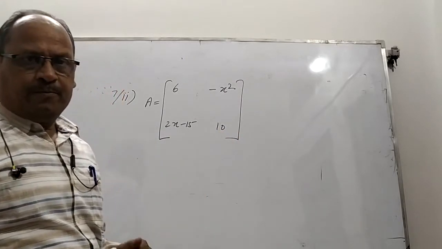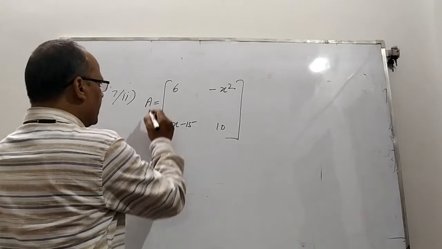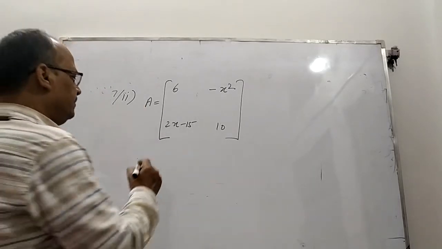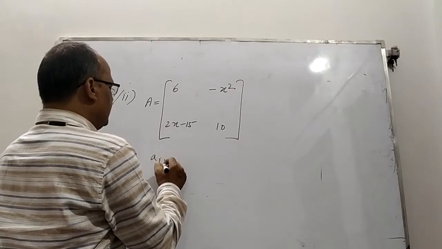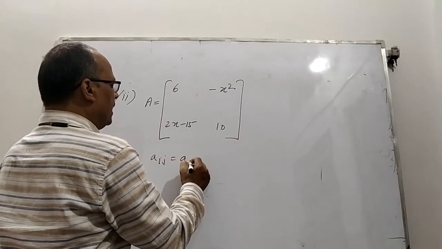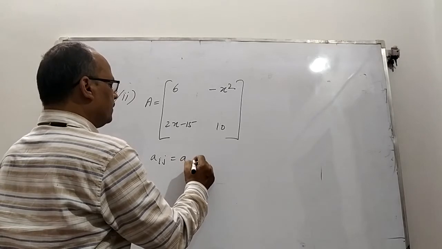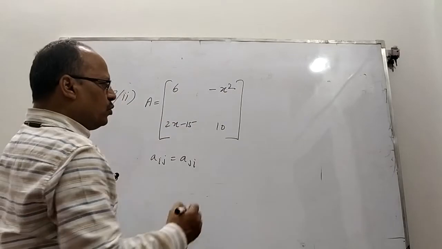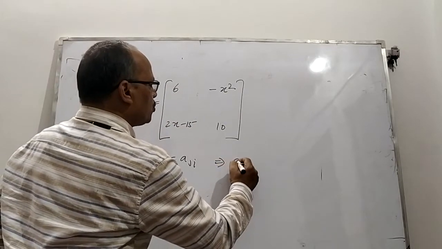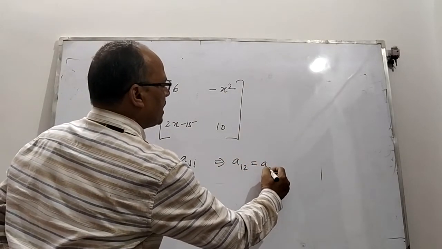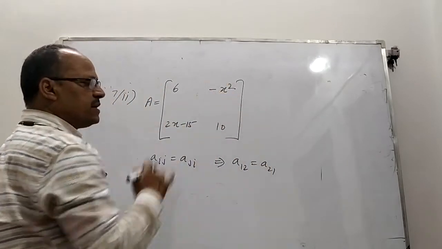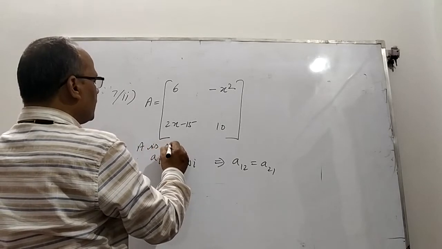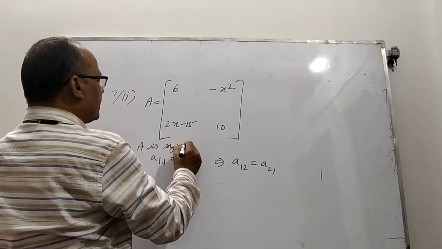What happens in a symmetric matrix? A is symmetric, so Aij equals Aji. So first row second column will be equal to second row first column. This and this element are equal. Clear? A is symmetric.